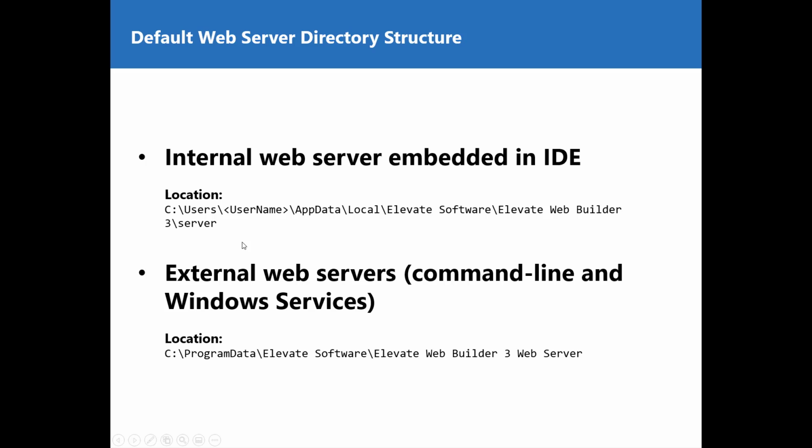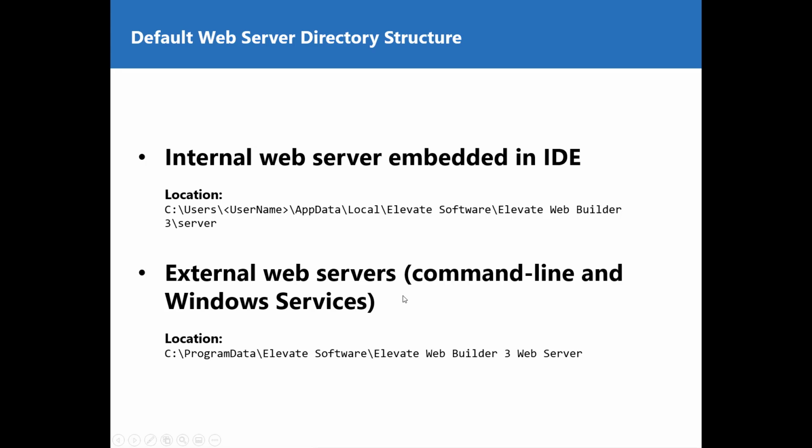The default web server directory structure: for the internal web server embedded in the IDE, the server directories are going to be located in the same directory as the EWB IDE ini file, that is in the user-specific folder, but there's a subdirectory underneath it called server, and that is where all of the server directories are going to be created for the embedded server.